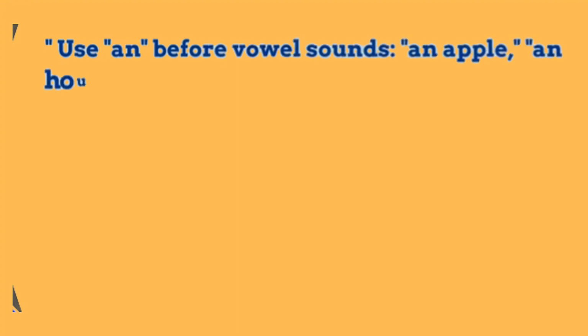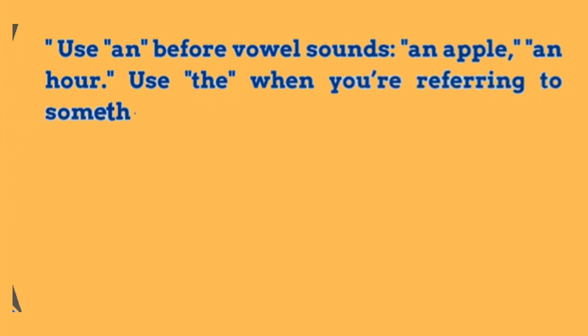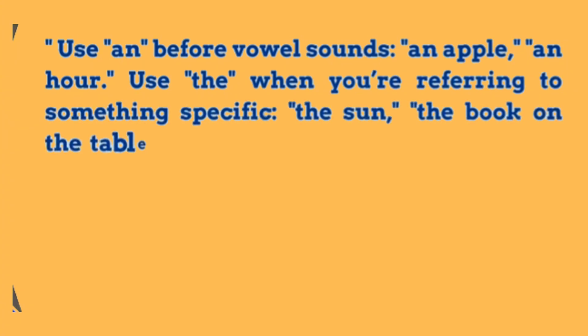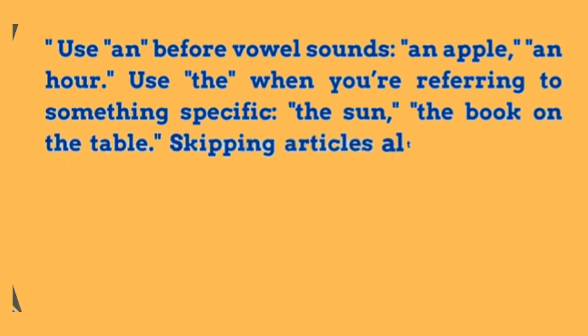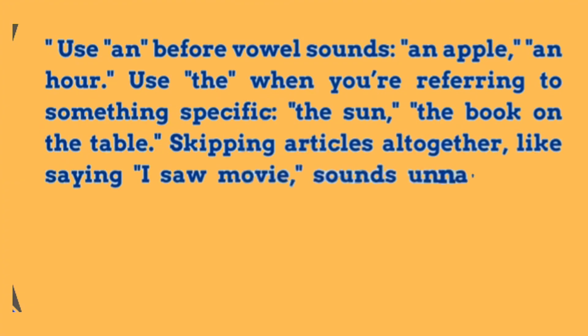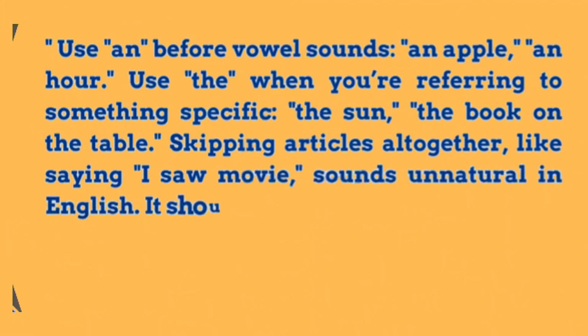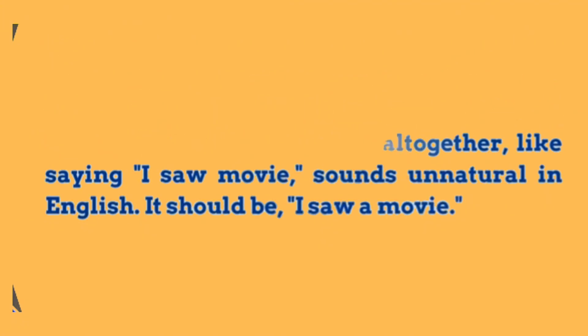An apple, an hour. Use the when you're referring to something specific. The sun, the book on the table. Skipping articles altogether, like saying, "I saw movie," sounds unnatural in English. It should be, "I saw a movie."